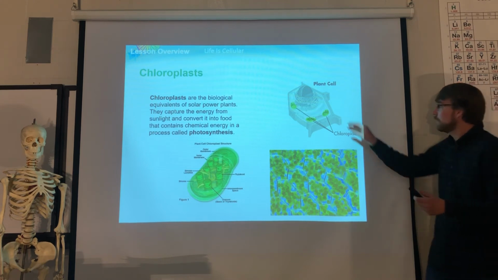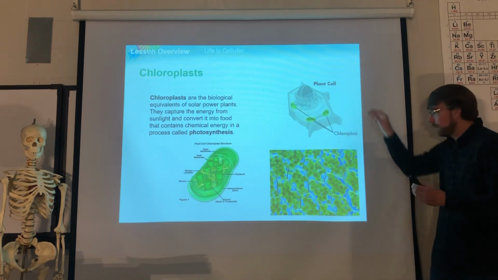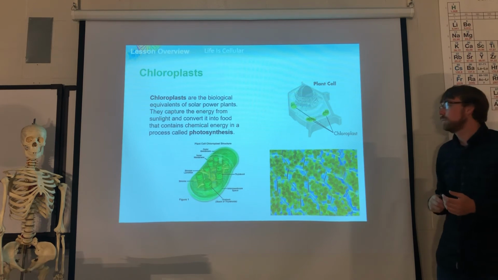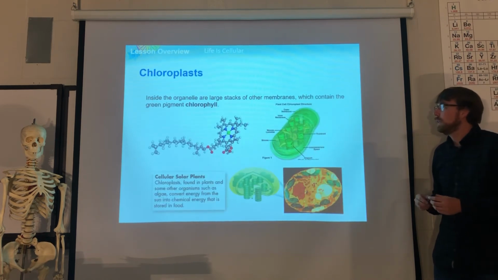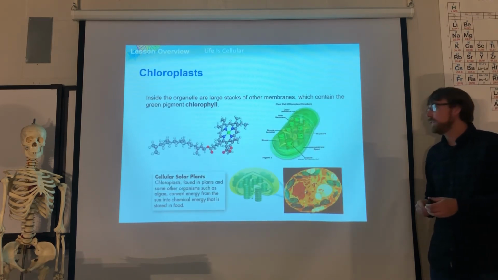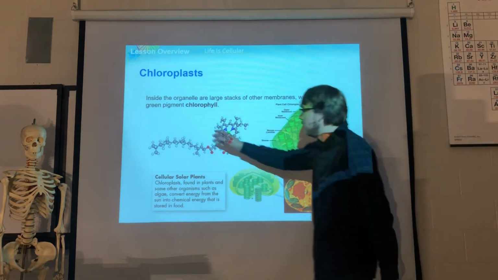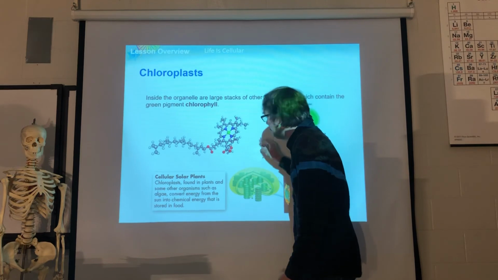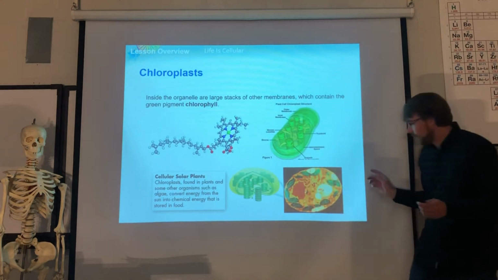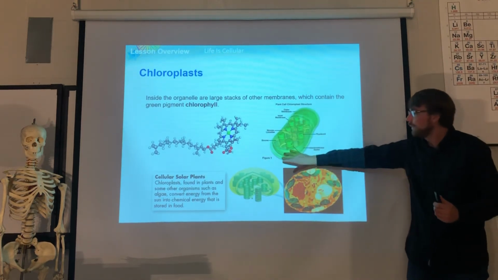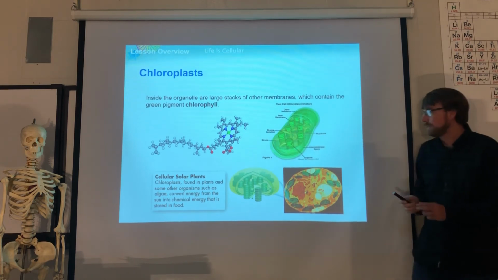Plants are green due to their chloroplasts. Inside of the chloroplast, there is a pigment called chlorophyll. Chlorophyll is the green pigment of the plant that we find within the chloroplast.